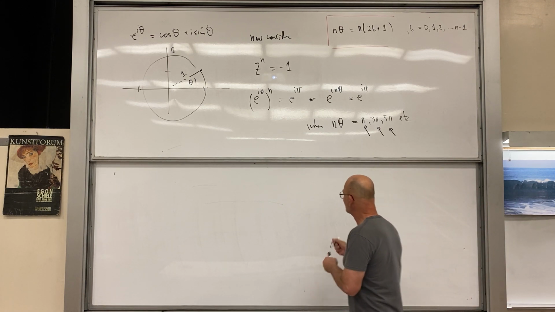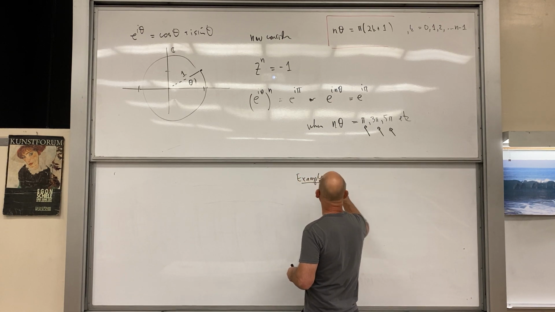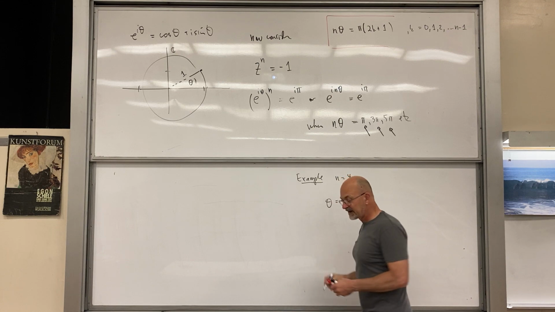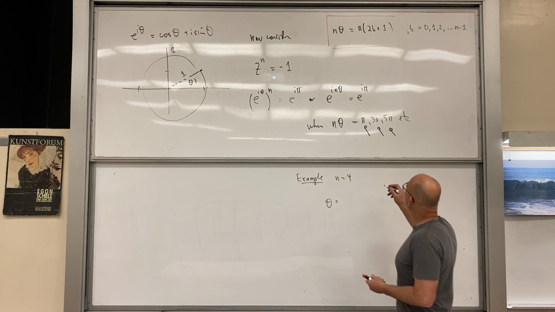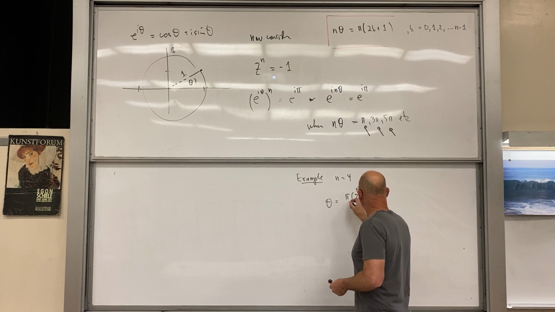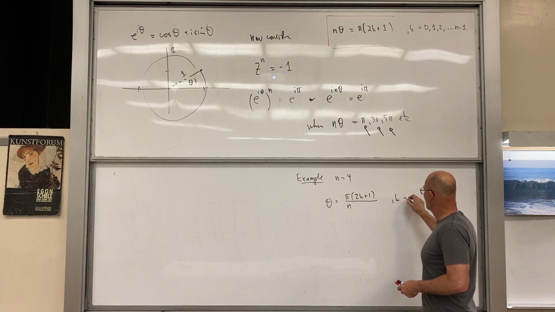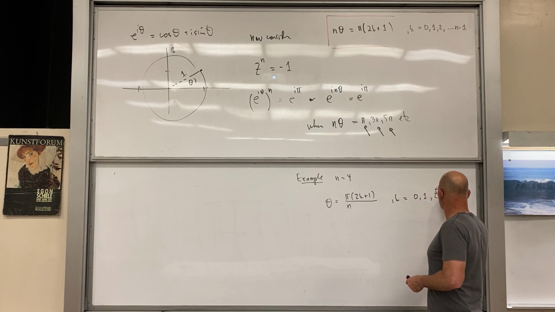So example, n equals 4. Theta equals pi times 2k plus 1 divided by n, k equals 0, 1, 2, 3.